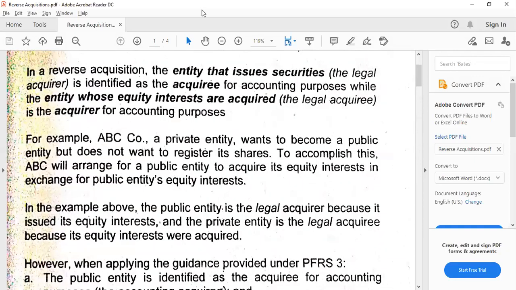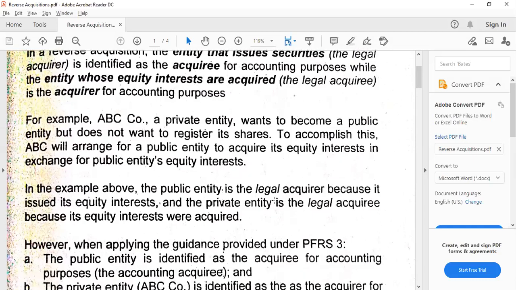Anyway, I mentioned ABC company, but that would change in the subsequent example. So we just have to be careful. So whatever the name of the company here, let's just erase that to avoid confusion. So let's just say a private entity wants to become public and it does not want to register its shares, so it arranged with the public entity for it to be acquired.